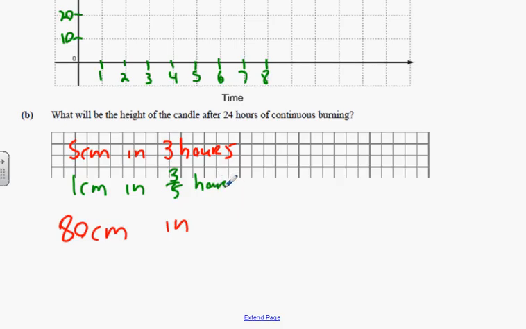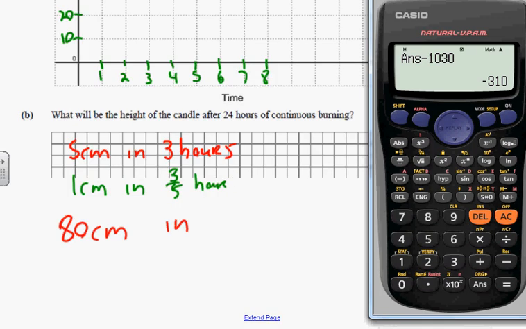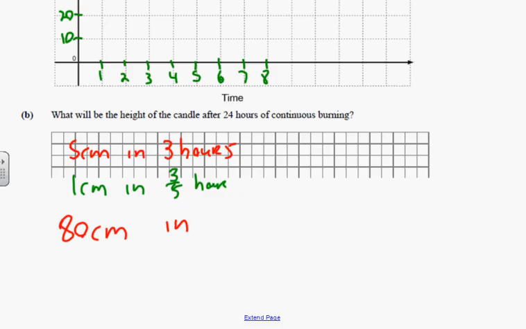And then to turn 1 centimeter into 80, multiply by 80. So you get out your calculator. You divide 3 by 5. That means 1 centimeter takes 0.6 of an hour.